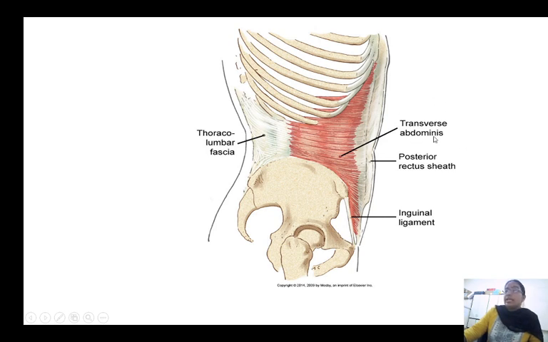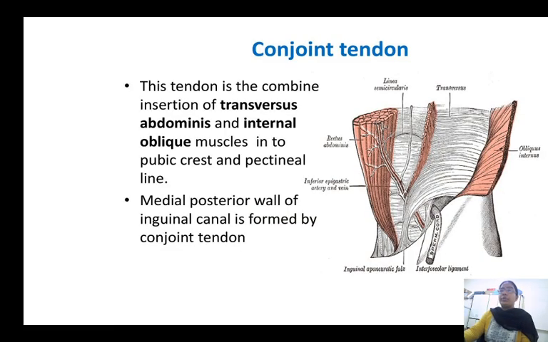We will be seeing that later. What is that conjoint tendon? Next, there is no split into anterior and posterior lamina. It forms an aponeurosis and gets inserted into the linea alba, which is extending from the xiphoid to the pubic tubercle. So these are some things that you have to know.